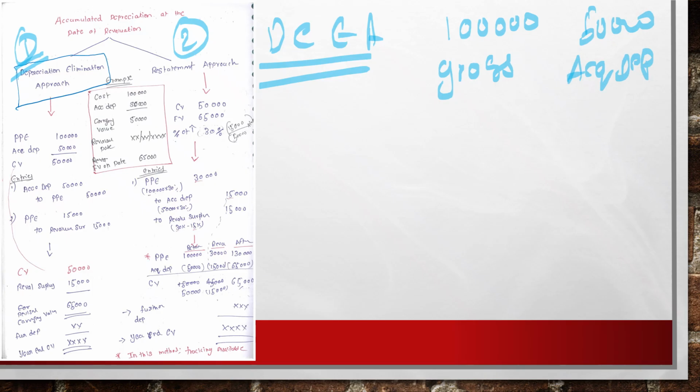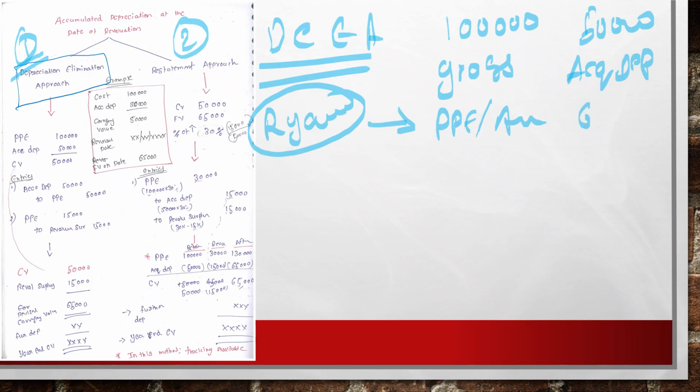So in the year end, in the revaluation year end or between, the value of this asset, PPE or asset, is 65,000. Okay. In this case, in the depreciation elimination approach, you should eliminate this accumulated depreciation first.